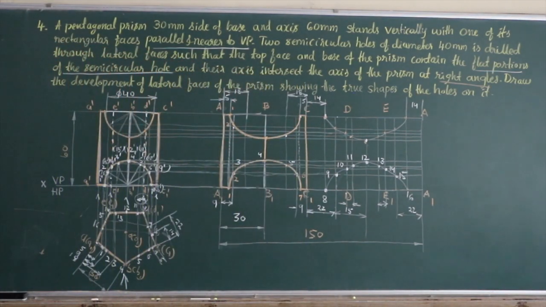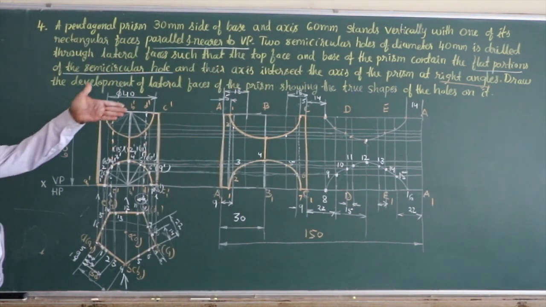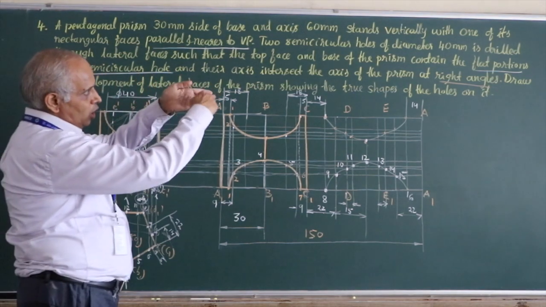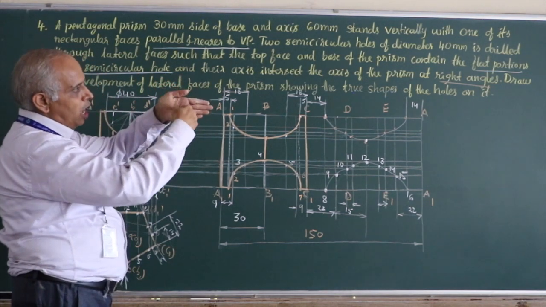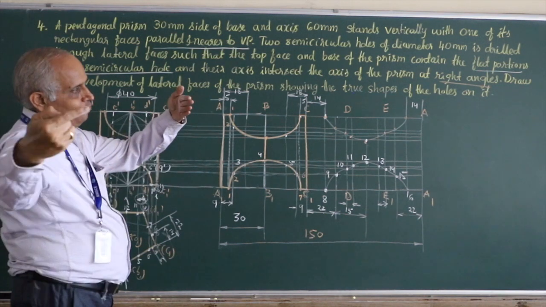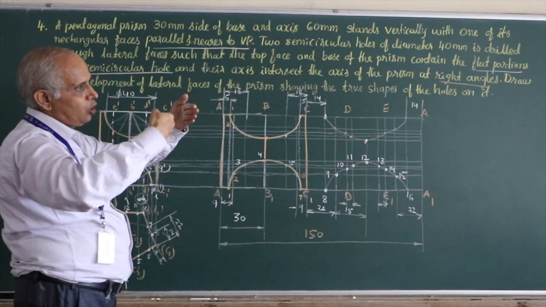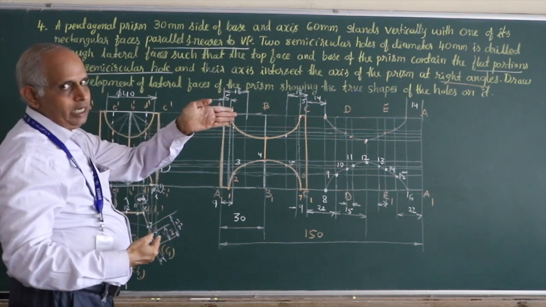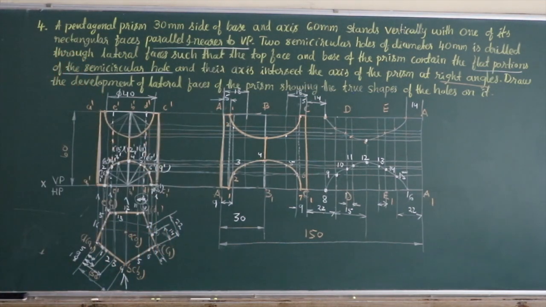Now, an important observation is when you take a front face and cut a circular hole, on the development also it will be in true shape. But if it is an inclined face and you cut a semicircular hole and then you open the development, it will not be a part of the circle.